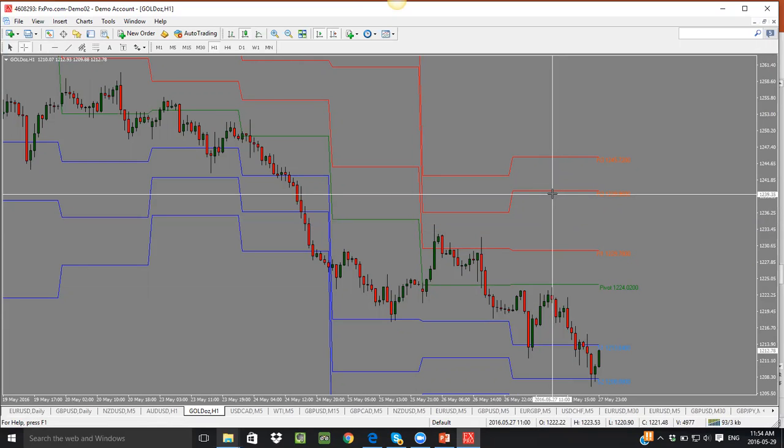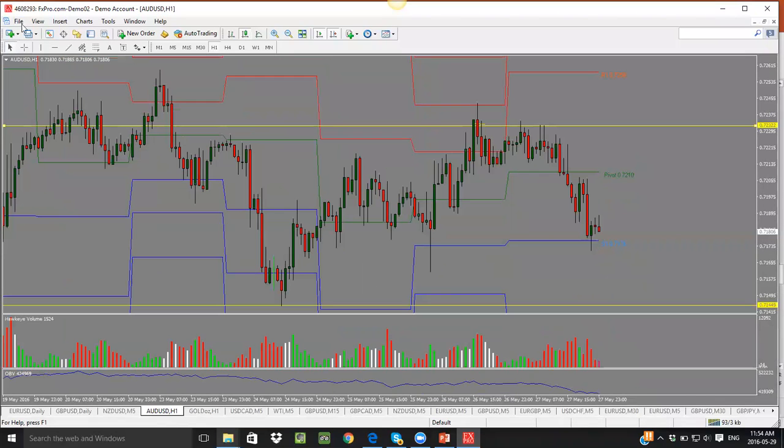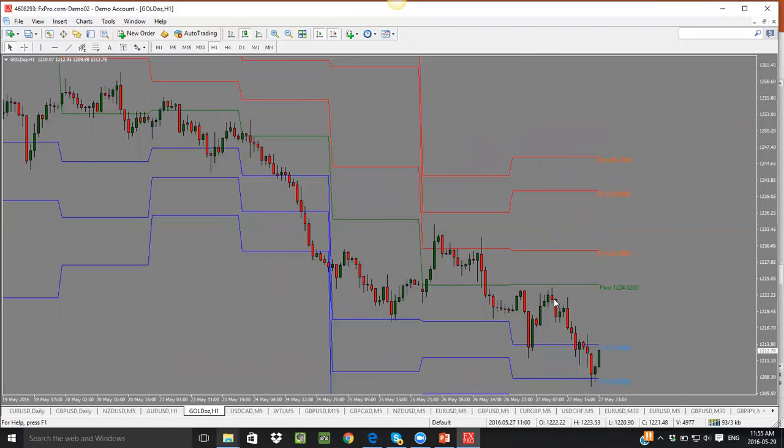So this is May 27 at 1100. Let's take a look at Aussie here. This is May 27, 9 o'clock. So this was 9 o'clock, and this is your 1300. So 1100 is right here. So this is the time. So basically, Aussie's running into trouble the same time that gold is running into trouble.